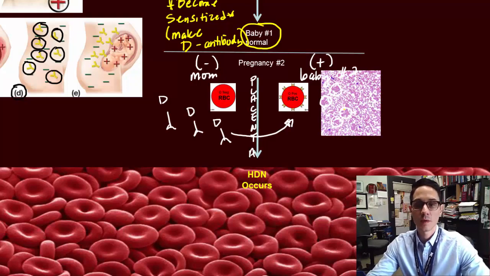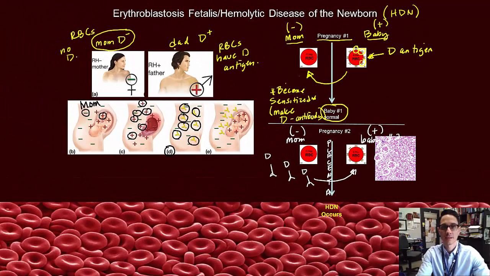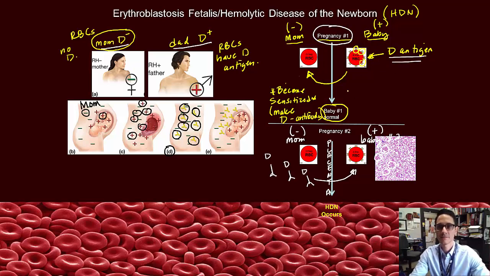Okay, how can we prevent this from happening? Well, if we know what the dad's blood type is and we know what the mom's blood type is, just to make sure that this does not occur during the first pregnancy, mom does not become sensitized with a baby who is positive, what we can do is during that birthing process, we can give mom a shot of something called RhoGAM.